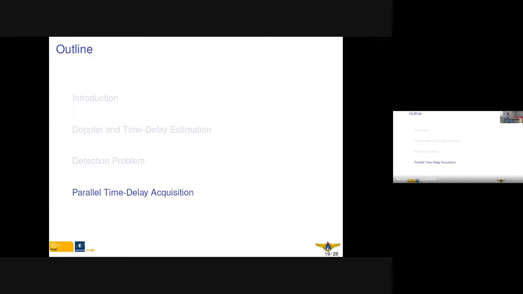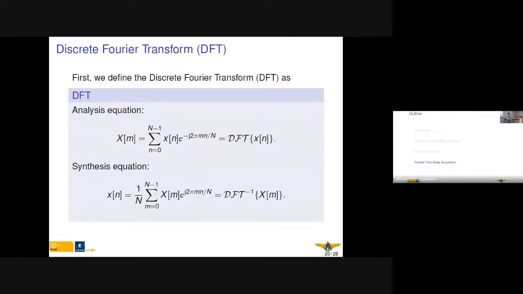As I mentioned before, there is also the serial search or the parallel Doppler acquisition, which we will not look into in this lecture. We apply the parallel time delay acquisition because it is a very simple implementation, at least for software, and we can easily understand what is happening.